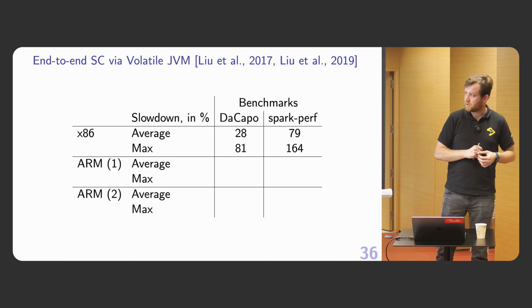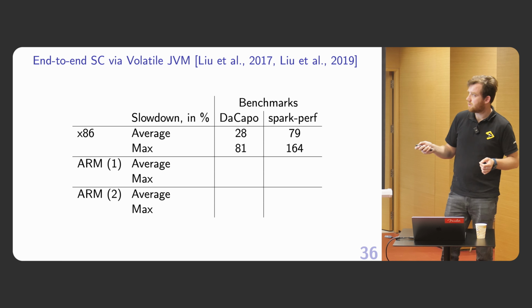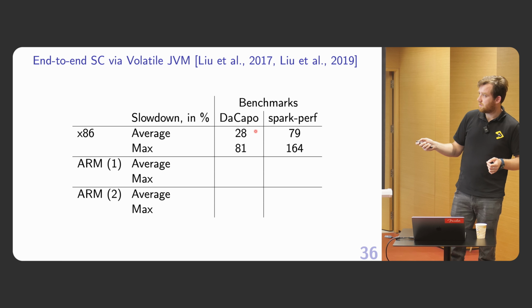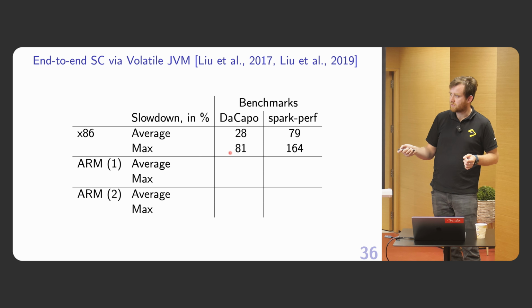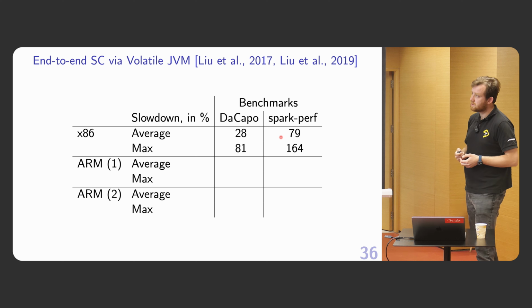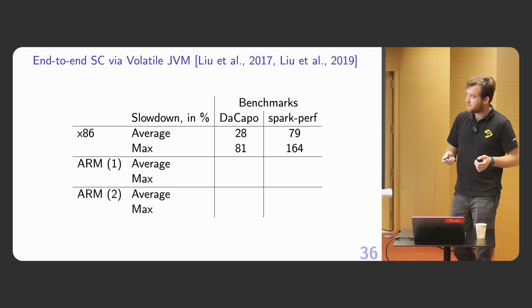What it showed is that on x86, the slowdown on average was around 28% for the DaCapo benchmark and 79% for Spark, and the maximum slowdown for some programs was even bigger. So I guess for many applications it's not that bad, but for many others it's too much slowdown, right?